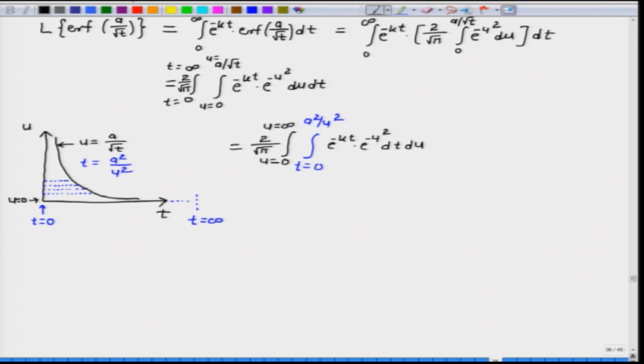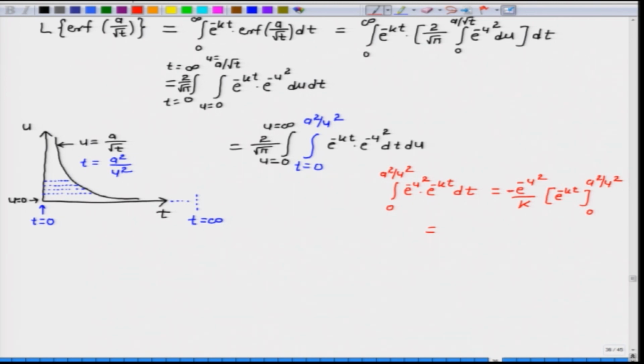So, the inner integral will be integral 0 to a square by u square e to power minus u square times e to power minus kt dt, and this should be equal to e to power minus u square by k times e to power minus kt from 0 to a square over u square.